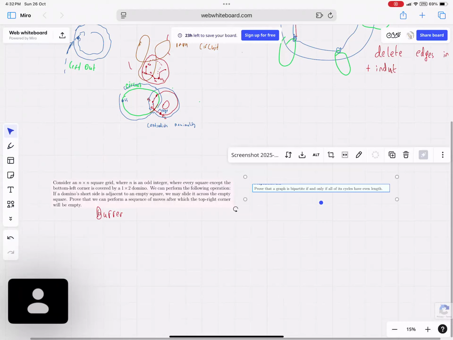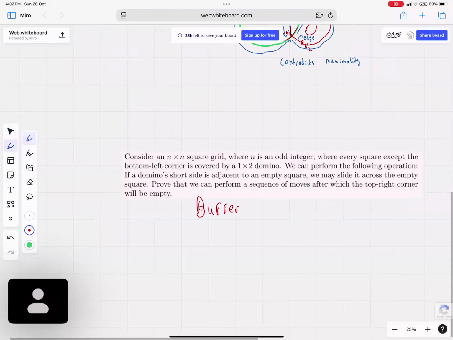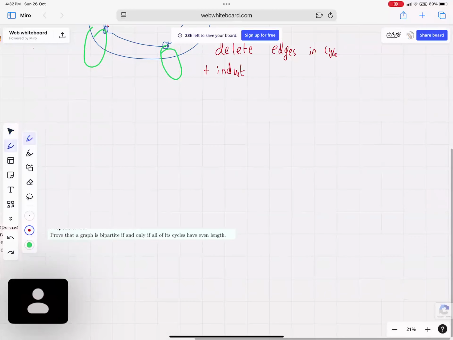How many of y'all have seen this result before? I remember seeing it, but I forgot the proof. A few people have seen this before, so it'll be better if we try this buffer instead. I'll put this on the P set.